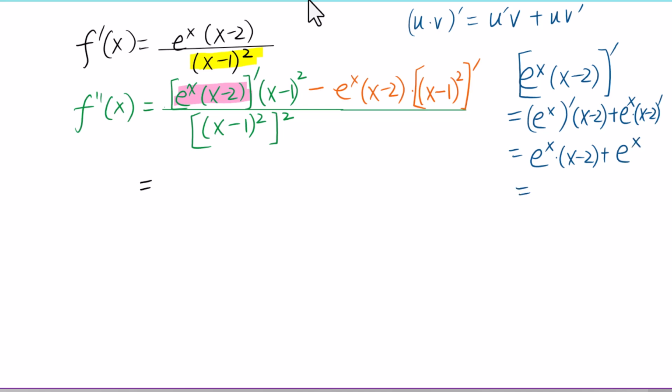So we will take e^x out: x minus 2 plus 1. Simplify. e^x times (x minus 1).